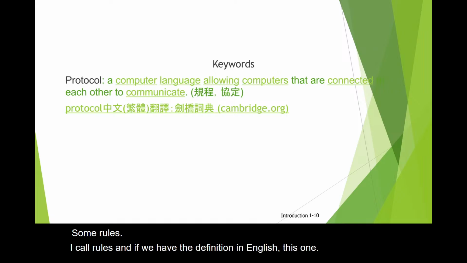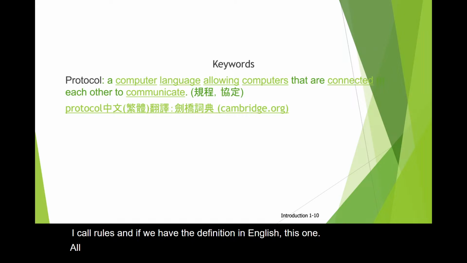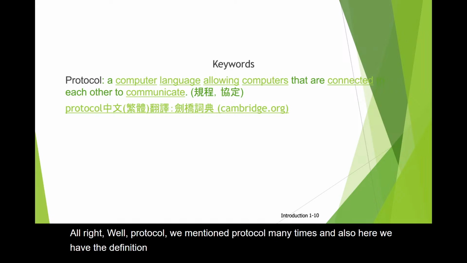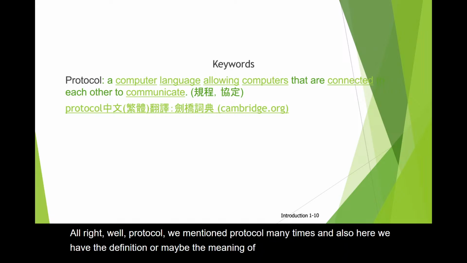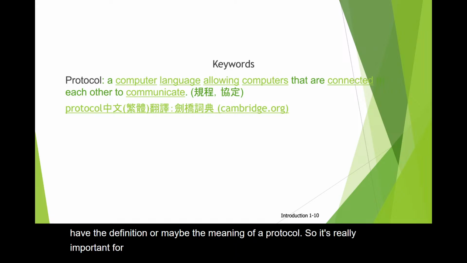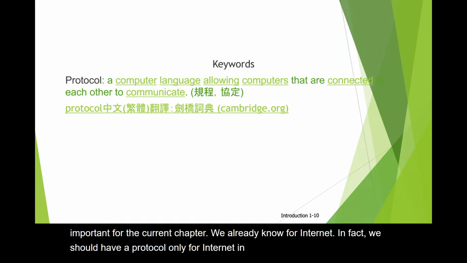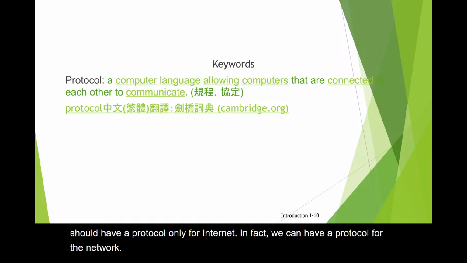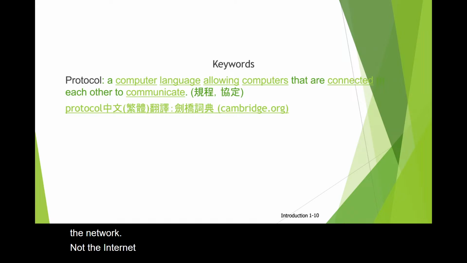All right. Well, protocol, we mentioned protocol many times. And also here, we already have the definition or maybe the meaning of a protocol. So it's really important for the current chapter. We already know, for the internet, we should have a protocol. In fact, we can have a protocol for the network, not the internet specifically. But currently, we use the internet to serve as an example.